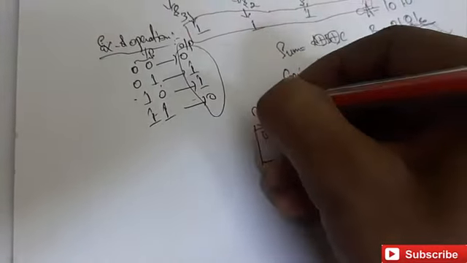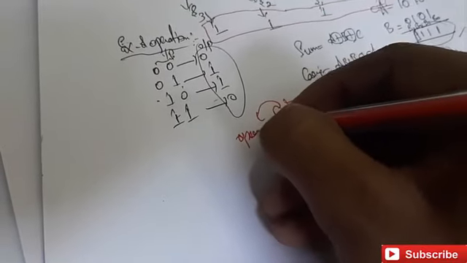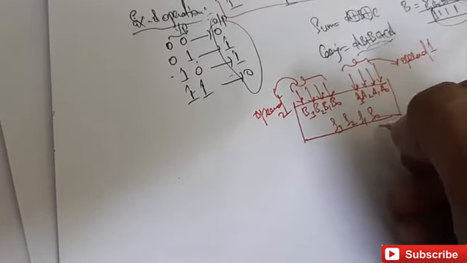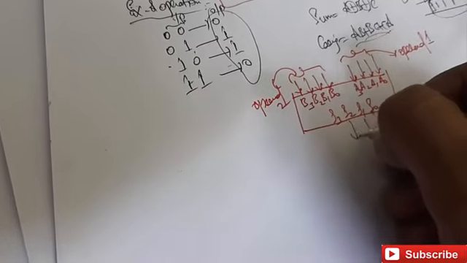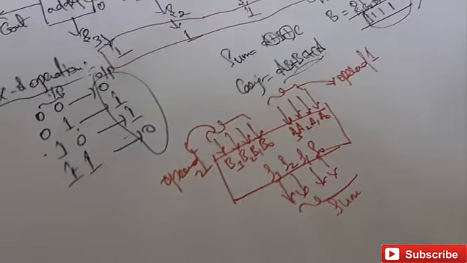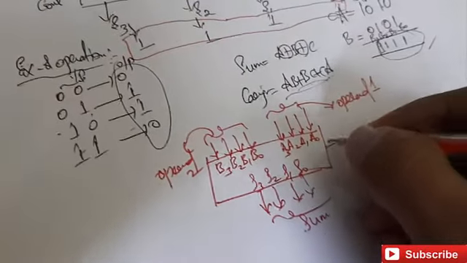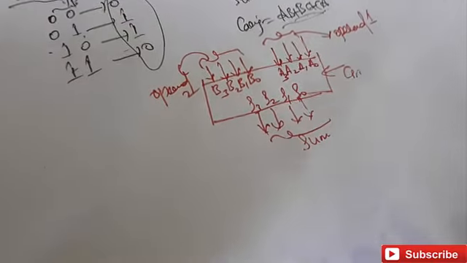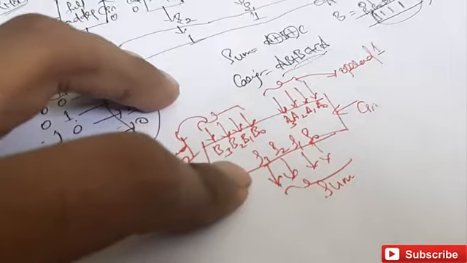This will be said to be operand 1, and this will be operand 2. And here this will become S0, S1, S2, S3, which is the sum. And one more thing we forgot, that will be the C input. The logic diagram will look like this.